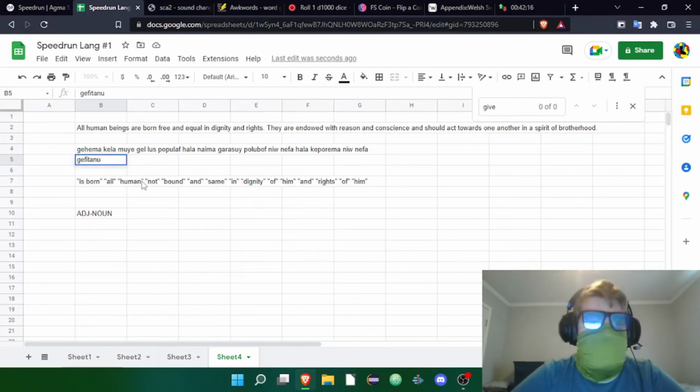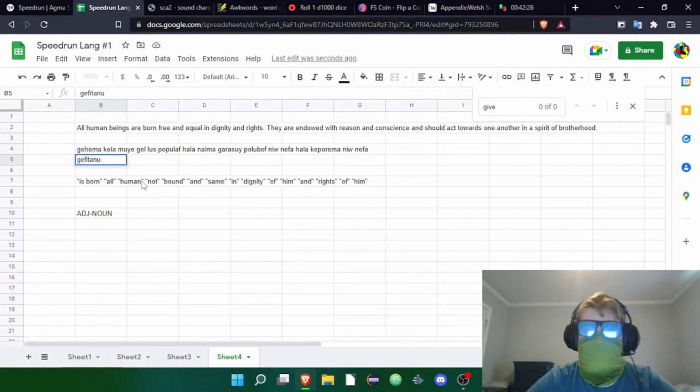If this is passive, then shouldn't it be agreeing? The subject is still the object in the active. So gefitanu is still agreeing with reason and conscience, so that should be plural. So let's attach a plural agreement. Let's say this is actually ke gefitanu, meaning they are given.